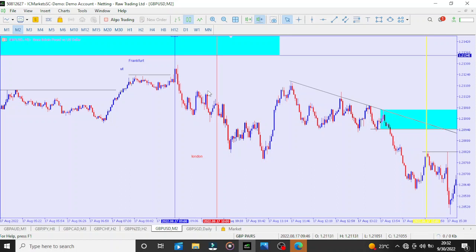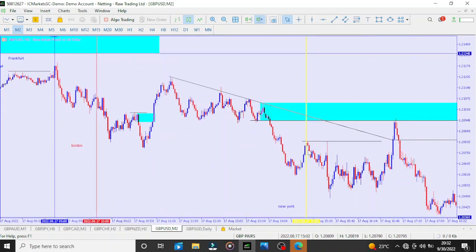And later on, manipulated this lower high because a lot of people were expecting to sell around this area. Remember, Frankfurt opened, manipulated the liquidity, and created this bearish order flow. London opened, created the liquidity, then manipulated the liquidity, and continued to the downside. You see, each session it opens and manipulates the liquidity, which leads to another session. Open, manipulate the liquidity, and continue.